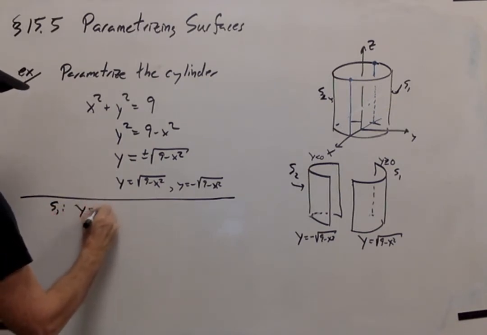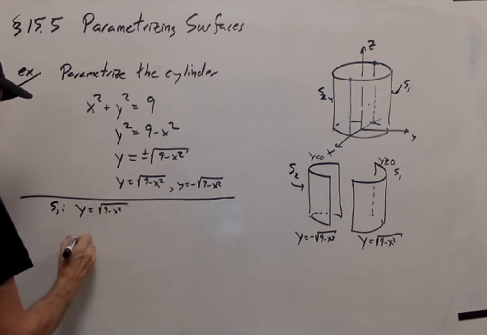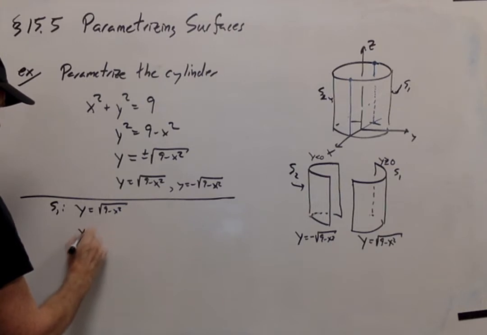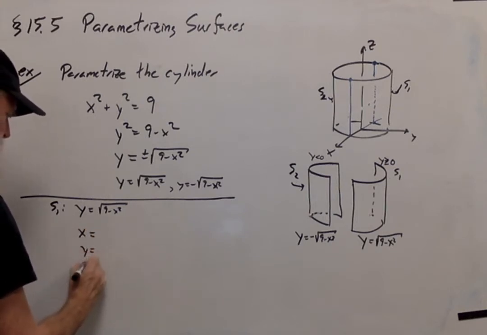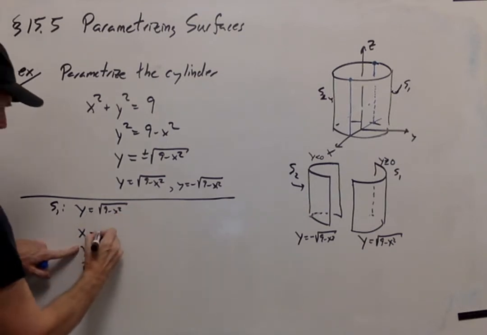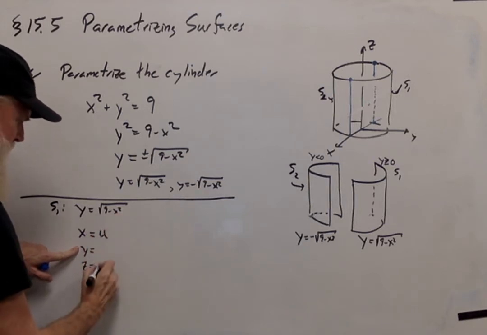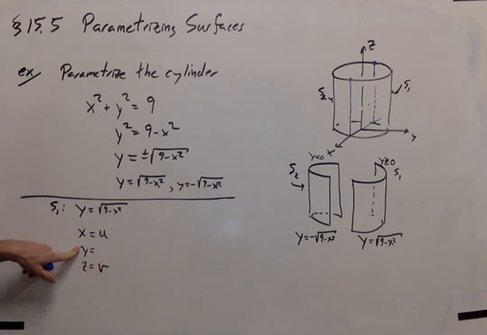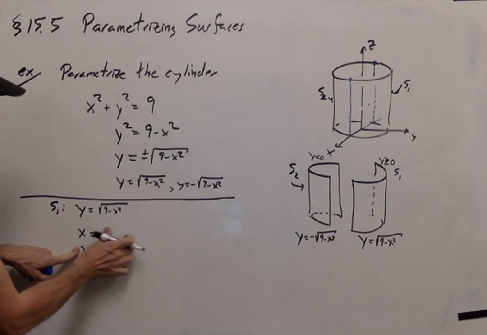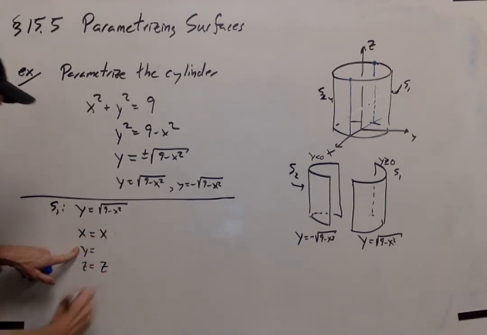So let's parameterize those two surfaces separately. S1, where y is the positive square root of 9 minus x squared, we'll have parametrization x equals, y equals, z equals. Notice that y is written as a function of x and z. There are no z's here. So I could let either x equal u and z equal v. Or if I want to, I can just let x equal x and z equal z.